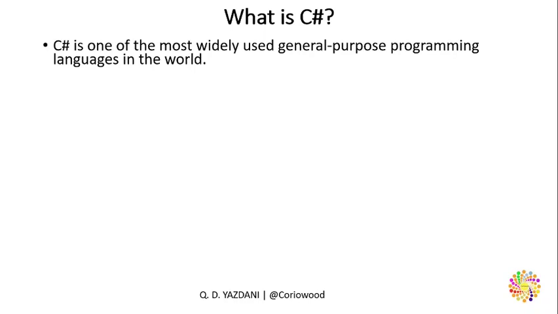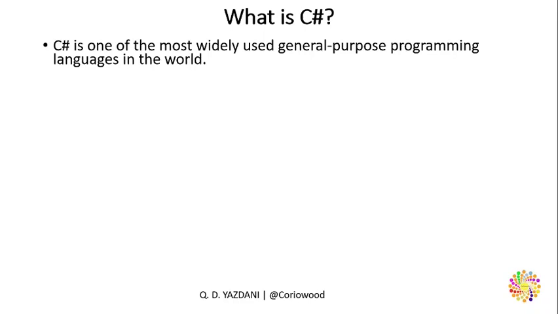Alright, so C Sharp, as I said, is one of the most widely used general purpose programming languages in the world. It is a multi-paradigm language that combines object-oriented, and I'm going to explain object-oriented later on in this course, imperative, declarative, functional, generic, and dynamic programming.